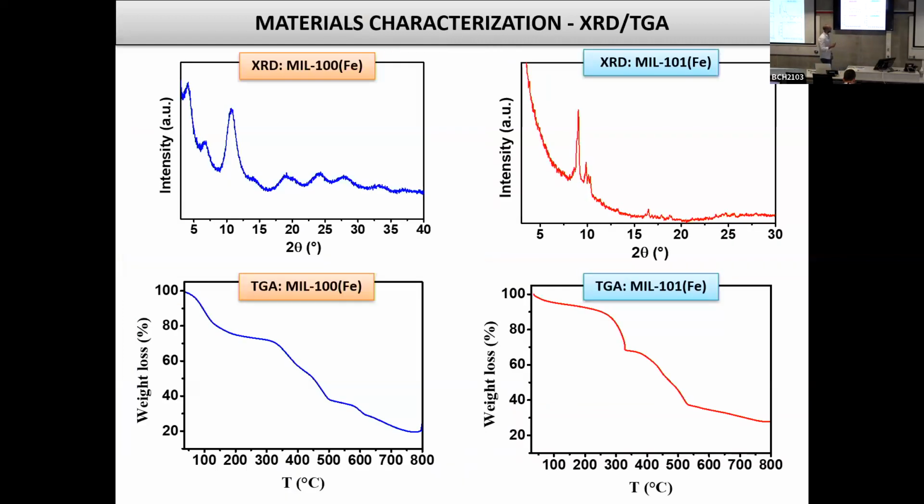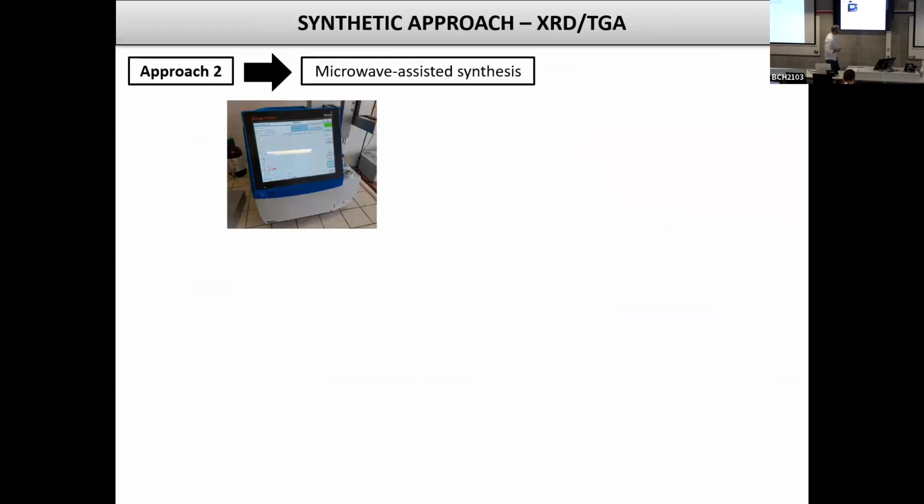We obtained good results with crystal structure. To be perfectly honest, this is a semi-crystal structure. There is a small amount of amorphous part, and thermogravimetric analysis also confirmed the nature of the material. Similar results were observed for MIL101.